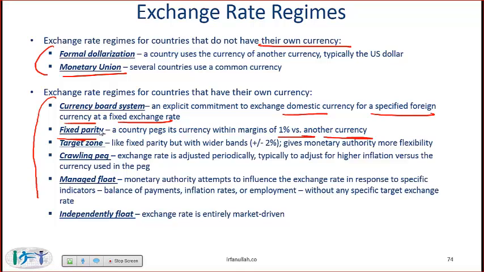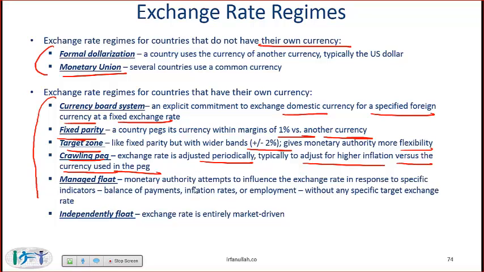With fixed parity, there isn't a legislative commitment. Target zone is like fixed parity but wider bands, which gives monetary authority more flexibility. In a crawling peg, the exchange rate is adjusted periodically, typically to adjust for higher inflation versus the currency used in the peg. A managed float is what many countries have.